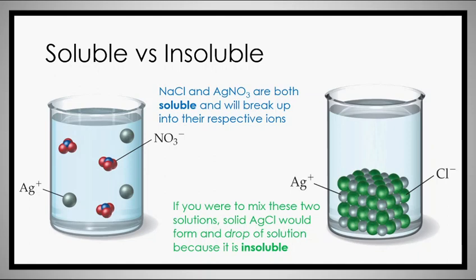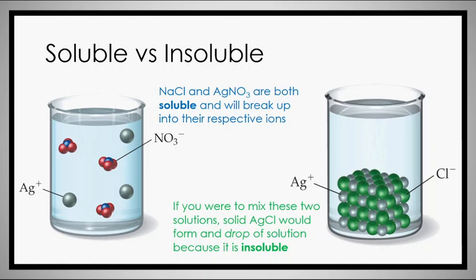In addition, please note that NO3 still stays NO3. You're not going to have any separation of the nitrogen from its oxygens. Those still need to be treated as a single entity, or a single network of atoms, if you will. On the other hand, if you were to mix silver nitrate and sodium chloride into the same beaker, you would then have chloride ions and silver ions that essentially join forces, and because of that, they're kicked out of water.